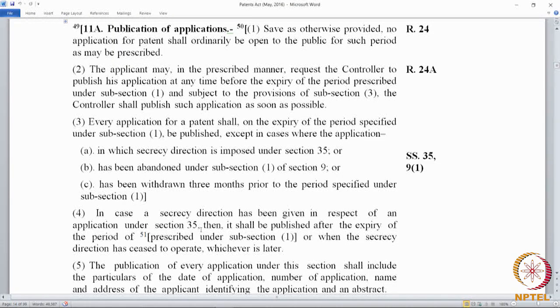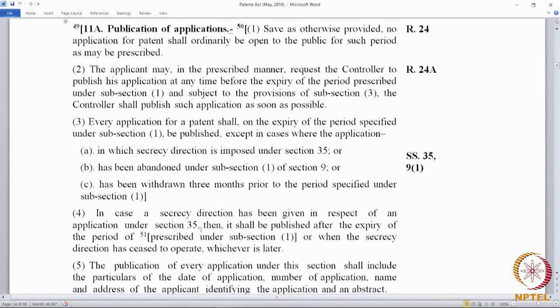11A(4) states that in case a secrecy direction has been given in respect of an application under section 35, then it shall be published after the expiry of the period prescribed in subsection 1 or when the secrecy direction has ceased to operate, whichever is later.